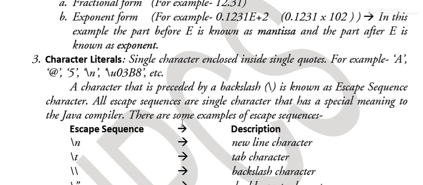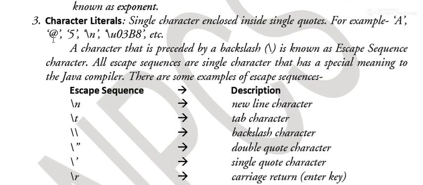Character literals. Any single letter enclosed in single inverted comma is known as character literal. However, \n looks like double character, but these are the escape sequence characters that represent a single character only.